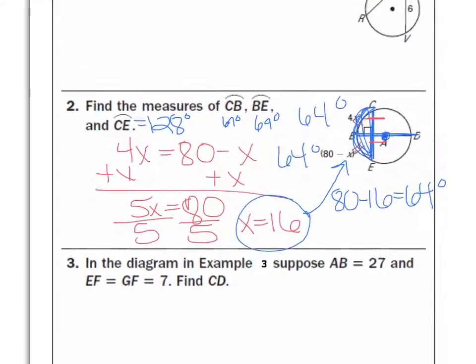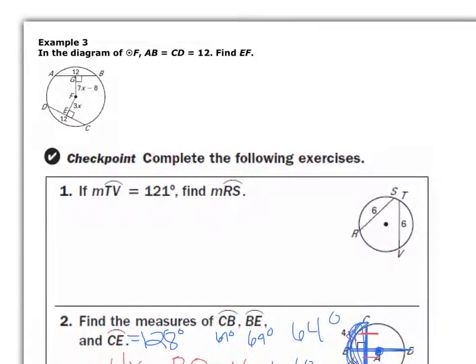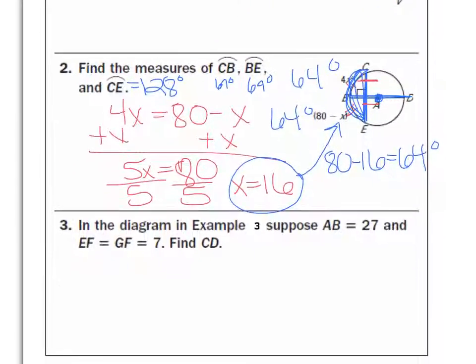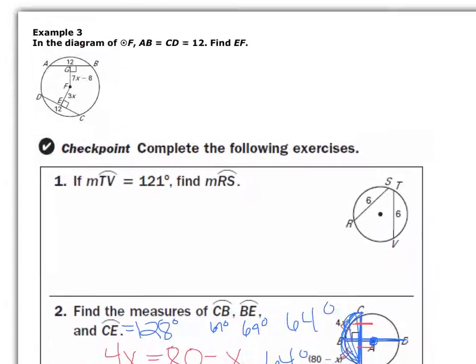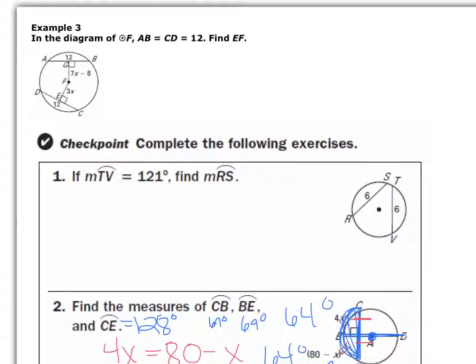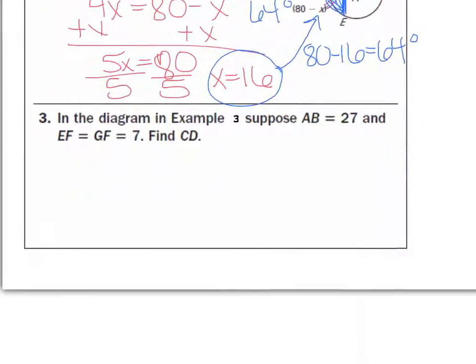All right, so if we look at this example 3 up here, it's telling you that AB is 27. So let's go ahead and redraw this.